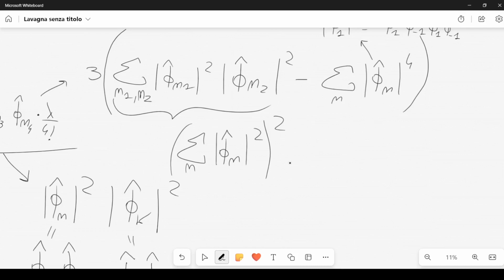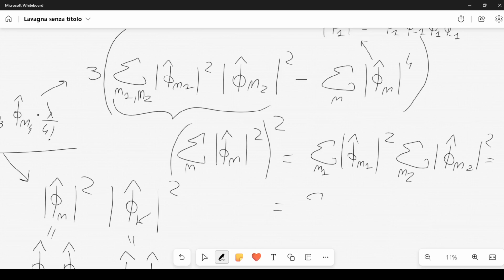So when you square this sum, you have summation over n1 of mod phi hat sub n1 squared, and then you also have a summation over n2 of mod phi hat sub n2 squared, and this is also equal to summation over n1 summation over n2 of mod phi hat sub n1 squared mod phi hat sub n2 squared.